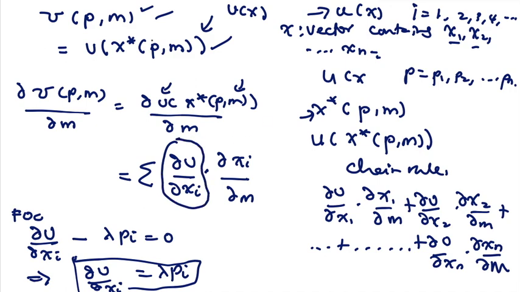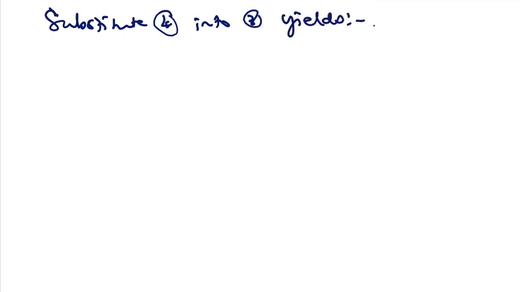So what can we do? Let's call this one equation 1, call this one equation 2, call this one equation 3, and then call this one 4. What you can do is substitute 4 back into 3. Substituting 4 into 3 yields something like this.